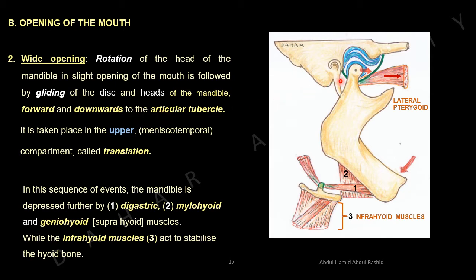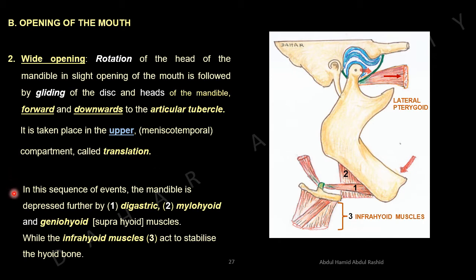That means in wider opening, the head, together with the disc, glides forwards to beneath the tubercle. It takes place in the upper, that is the meniscotemporal compartment, and is called translation.